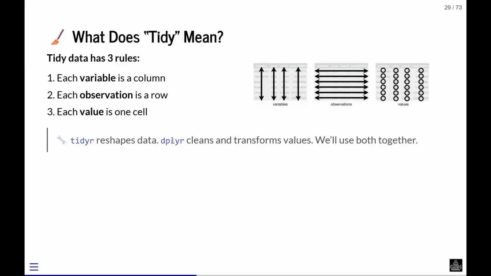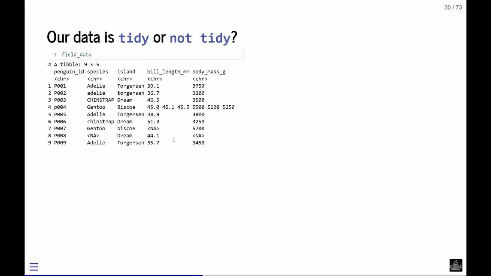And dplyr basically cleans and transforms your values if you need to. So they both work together. Sometimes tidyr comes first, sometimes dplyr comes first. So let's see. We just saw the data in our RStudio.